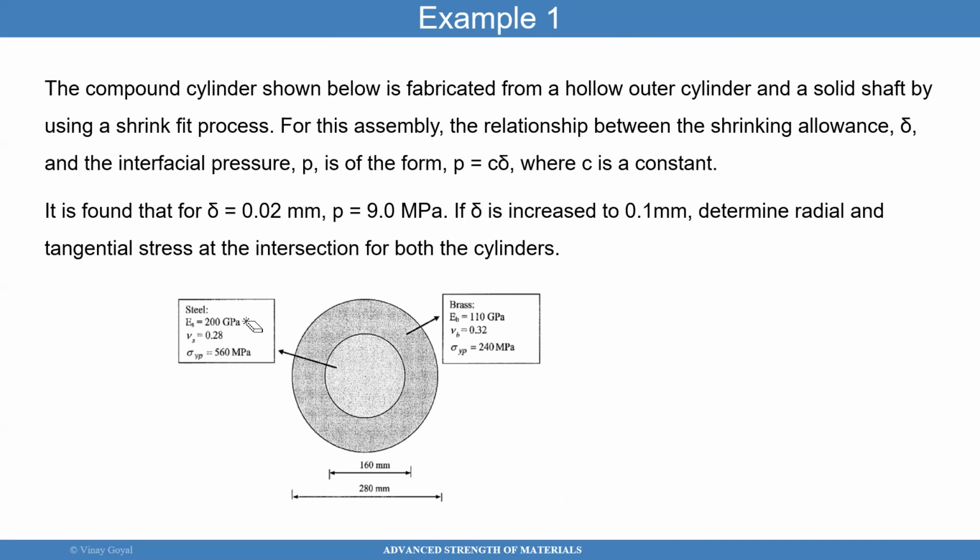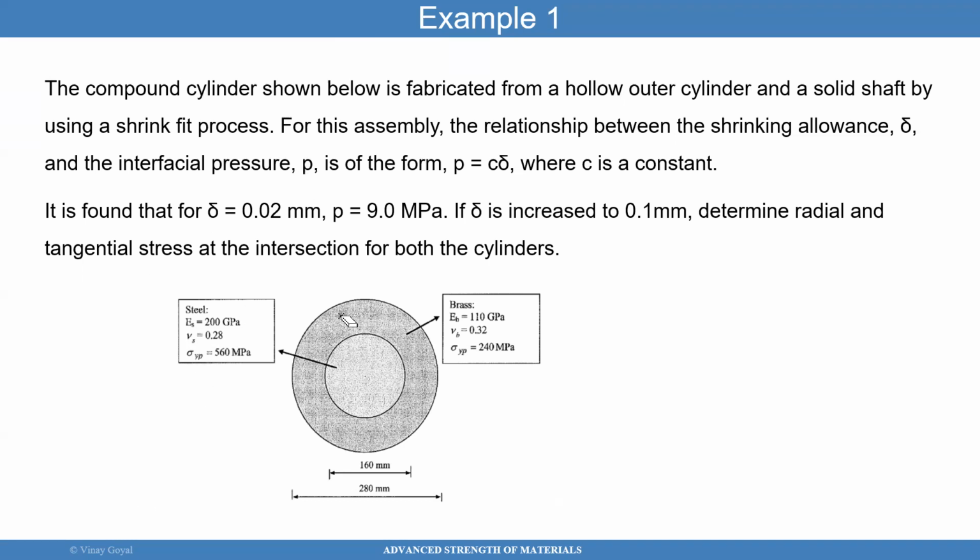Usually for these kinds of assemblies, there is a relationship between the shrinkage allowance, in this case, I'm calling it delta, and the interfacial pressure P. And usually that relationship will be given by P, the pressure between. So what is P again? Let me remind you what P is.